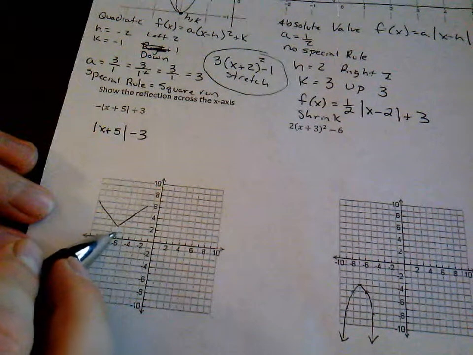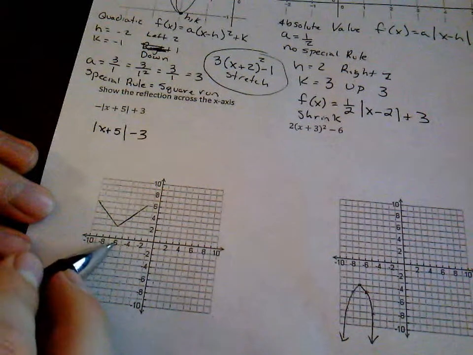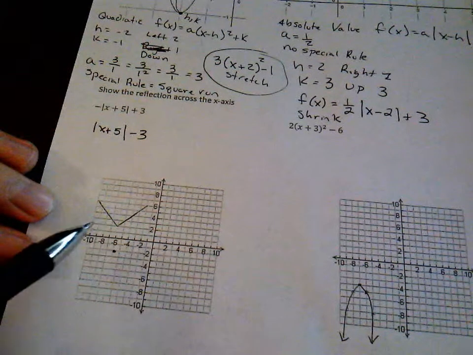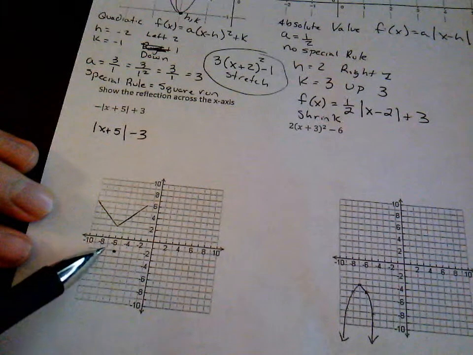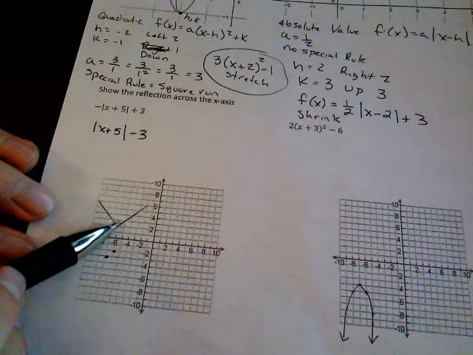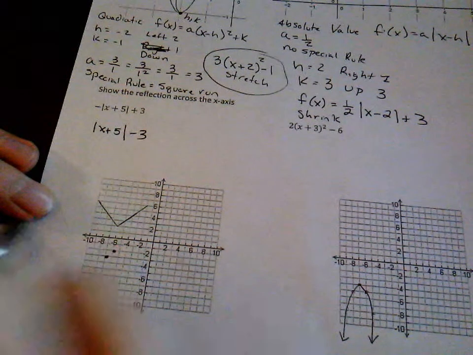This is 2 spots from negative 6. So I'm going to count 2 spots from negative 6, and I'm going to put another dot. This is 1, 2, 3, so I'm going to count 1, 2, 3, and I'm going to put another dot. This one is 1, 2, 3, this is going to be 1, 2, 3.